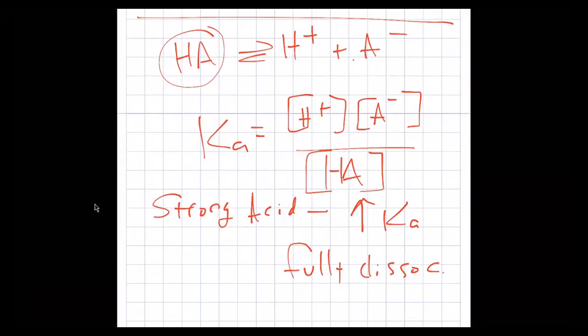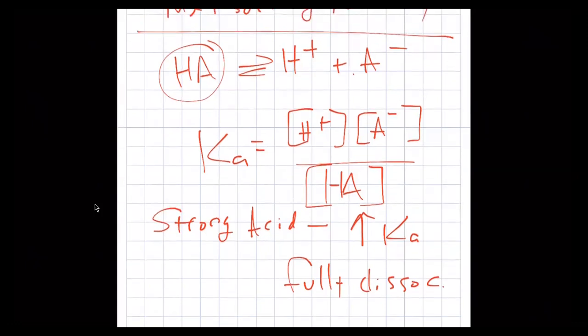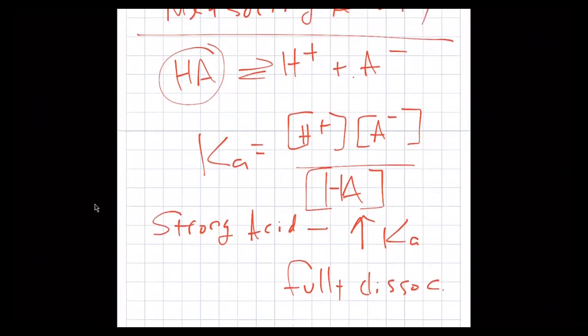So let's think about this in terms of that reaction. If HA is fully dissociated, let's say 99% dissociated into H plus and A minus, what's the concentration of HA in that equation? Is it going to be a large number or a small number? Small. If this breaks up into its components, there's not going to be much of it left, right?